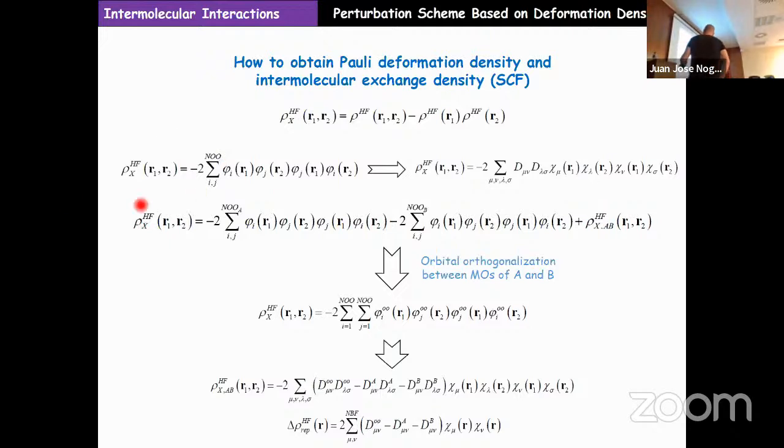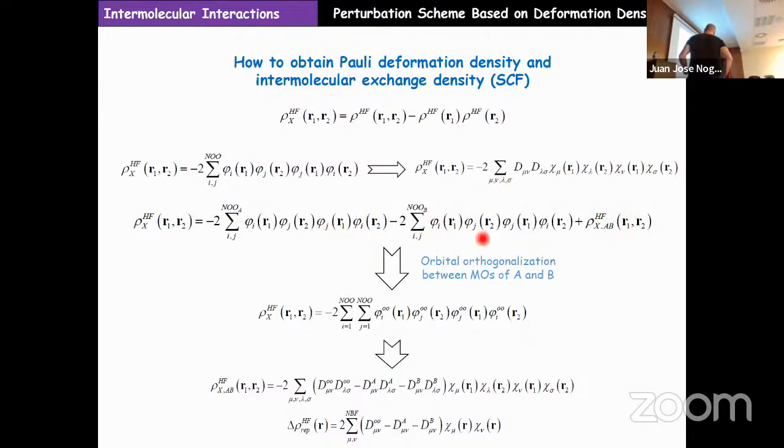Okay, how do we obtain the part corresponding to the intermolecular exchange? We have a problem here, because for the exchange density at Hartree-Fock level, we can express this as the summation of the exchange density of the isolated molecule A, the exchange density of the isolated fragment B, and now the part we want to obtain is this one, the intermolecular part.